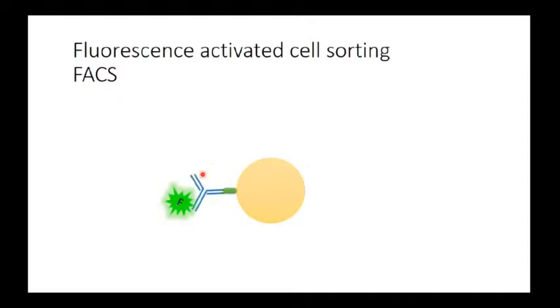Then if the cell has only the green fluorophore, we can know that this cell is expressing one protein, the green protein. If the cell is emitting yellow light, then the cell is expressing only the second protein. And if the cell is giving two signals on the two detectors, then we can say that the cell is expressing both proteins.